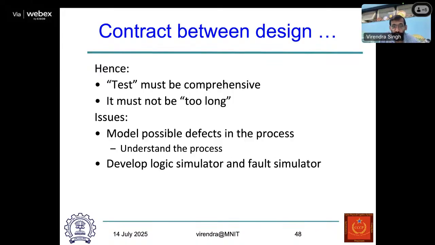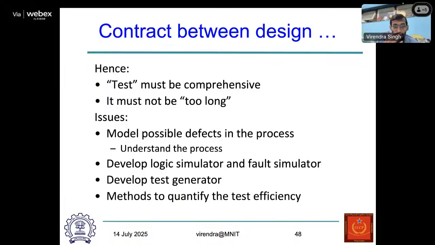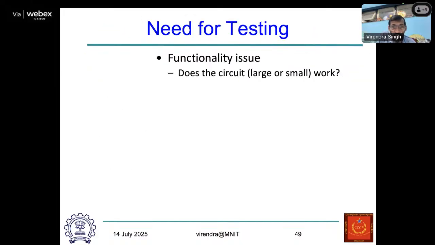Develop some kind of logic simulators or fault simulators which can help in designing such test vectors, and develop a test generator. That technology you will be learning in some time. Then some methods to quantify the test efficiency, how good your test method is.